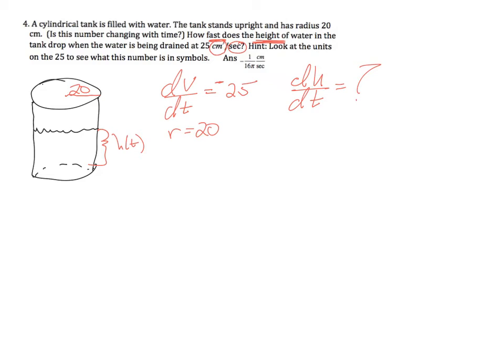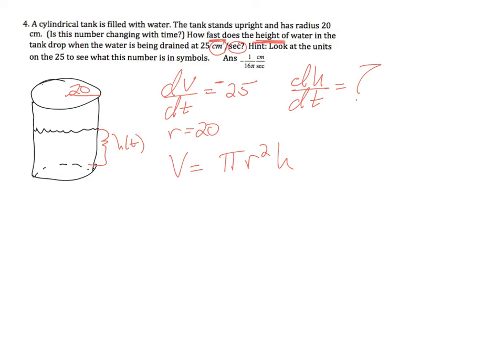The next step is to write some equation that relates these variables together. So my variables I have here are R and H and V, and everything is changing with time except the radius is fixed at 20. So I need the volume of a cylinder. So the volume of a cylinder is pi r squared h. If you didn't know that, look it up, Google it, whatever you need to do.